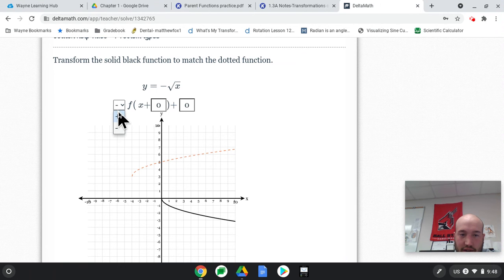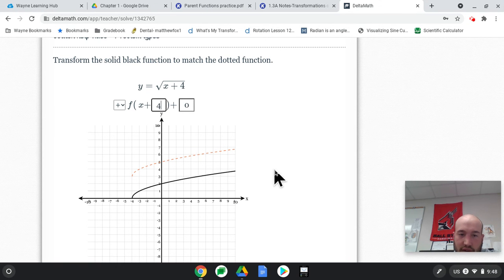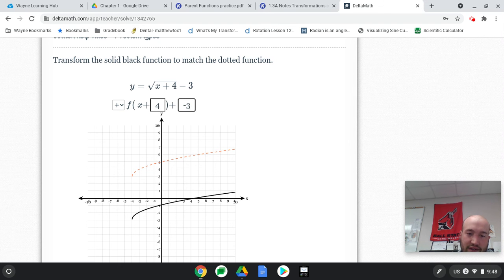I don't want that, though. I still want it to have the same shape, but I need it to shift left 4. So if it's left 4, remember we make it positive. So I'll put plus 4, and I hit enter, and do you see how it shifts over? Now we want it to go up 3. So if I do minus 3, it shifts down. That's not good.